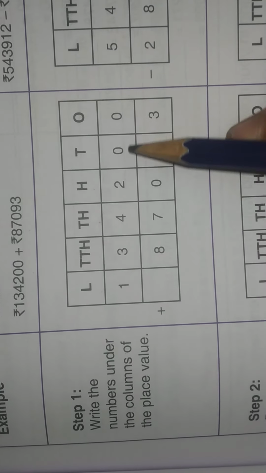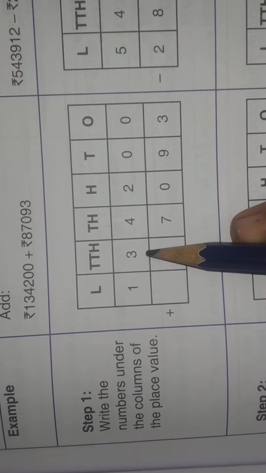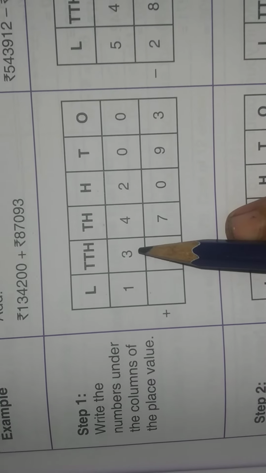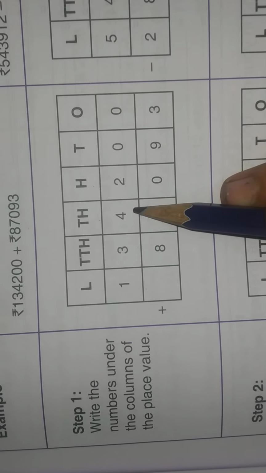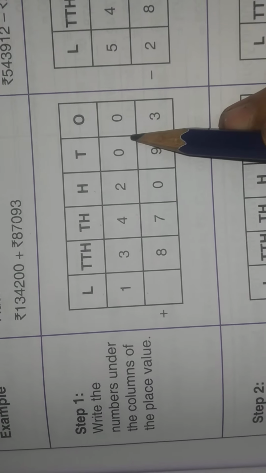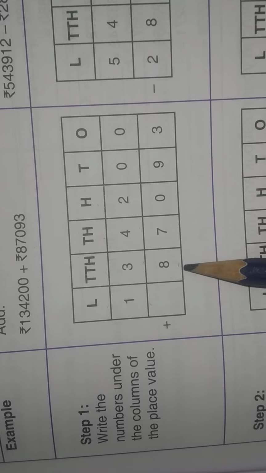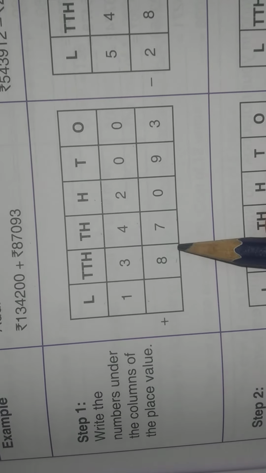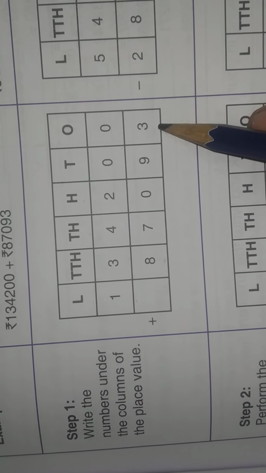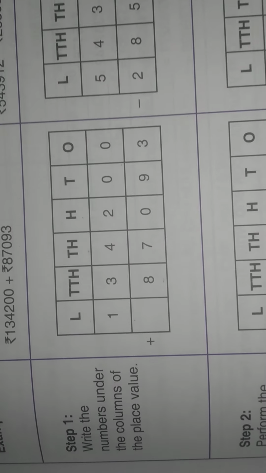That number we have to write here. 1,34,200, 87,093 is there. Then what we have to do?